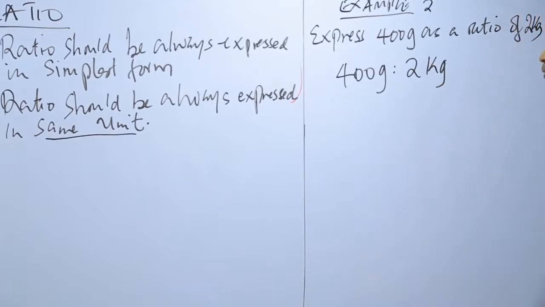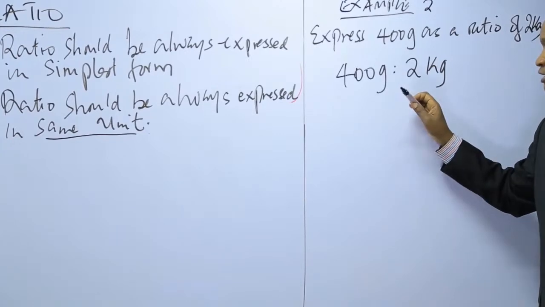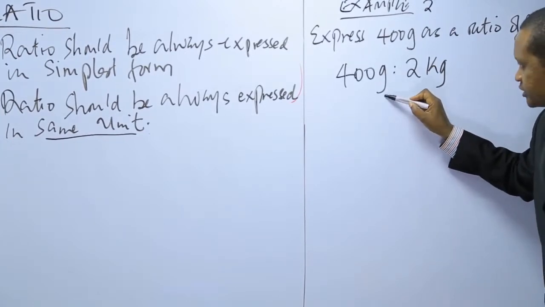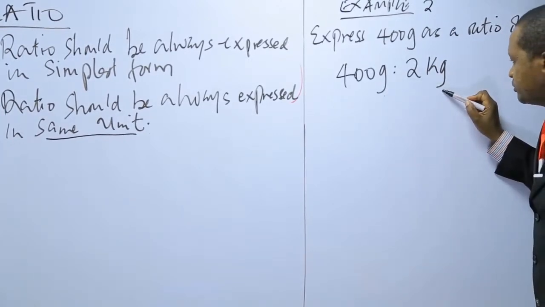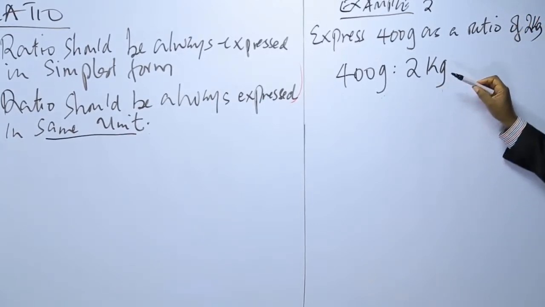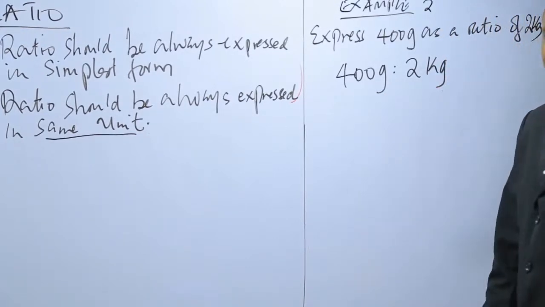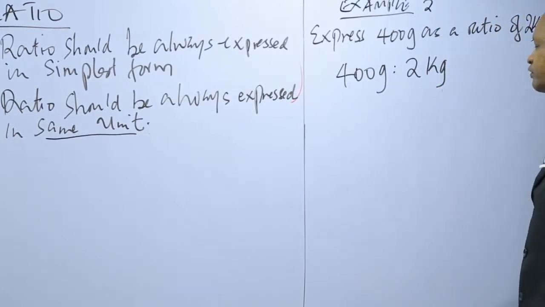Again, you can see these two quantities have different units, grams and kilograms. We can convert these kilograms into grams, then we get the ratio in its simplest form.